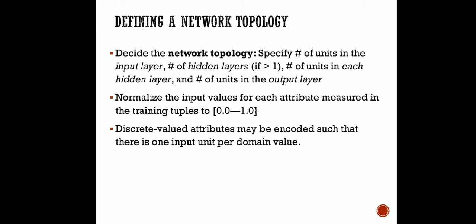A person is a student, yes or no. If we can encode in this fashion, if we can bring it back to a 2 class classifier, that means for each parameter there will be two sets of outputs. If we can maintain it this way, then there can be one input unit per domain. So one input unit will be enough, right? Whenever we give one input to it, either it will be yes or no, and the decision will move accordingly. So we can do it like this.